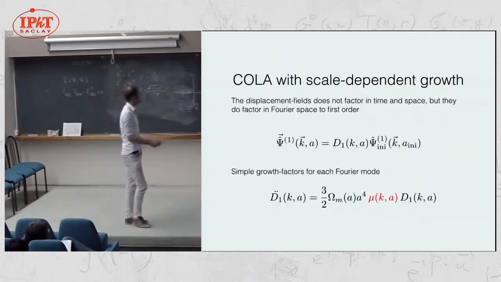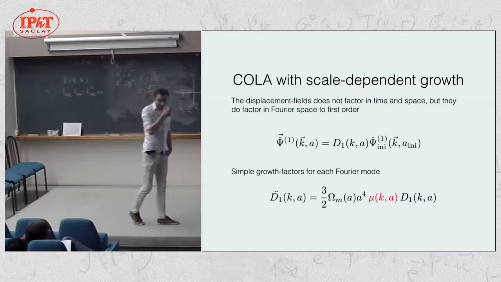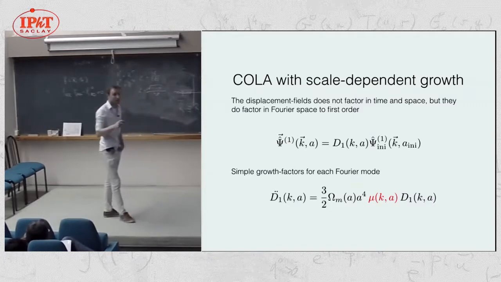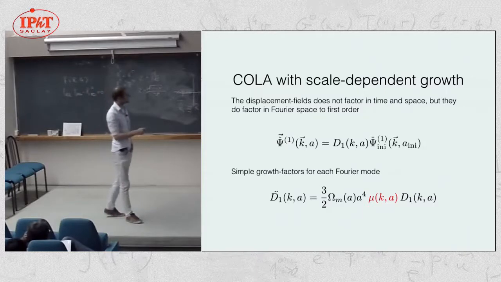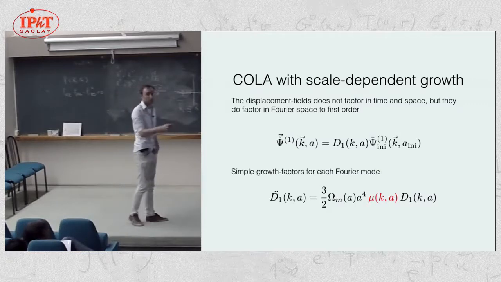The second thing is just how to compute this displacement field in order to use this in a COLA simulation. So as I told you, in lambda CDM, the main advantage is that you have time-dependent growth factors. So this displacement field perfectly factors in time and space, which is a huge advantage, as you only need to compute it once.